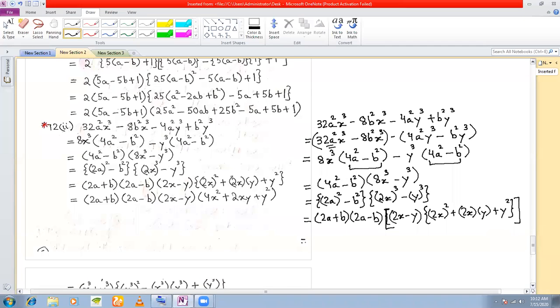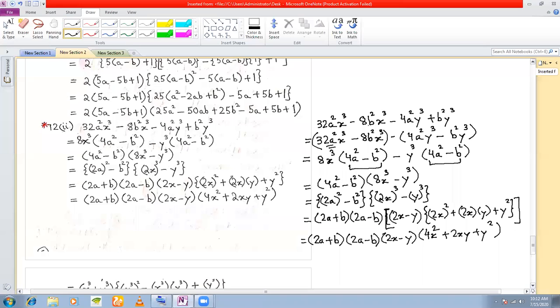So ultimately you get 2a plus b into 2a minus b into 2x minus y into 4x square plus 2xy plus y square. So clearly this has been split into 4 factors here. Understood?